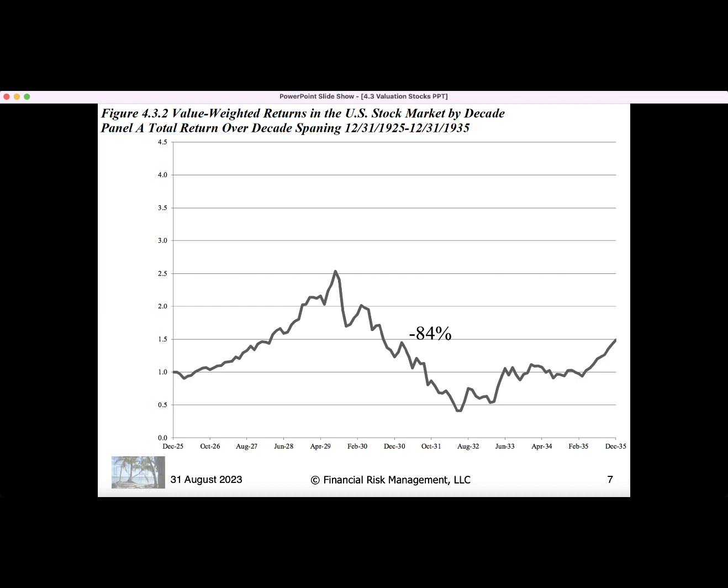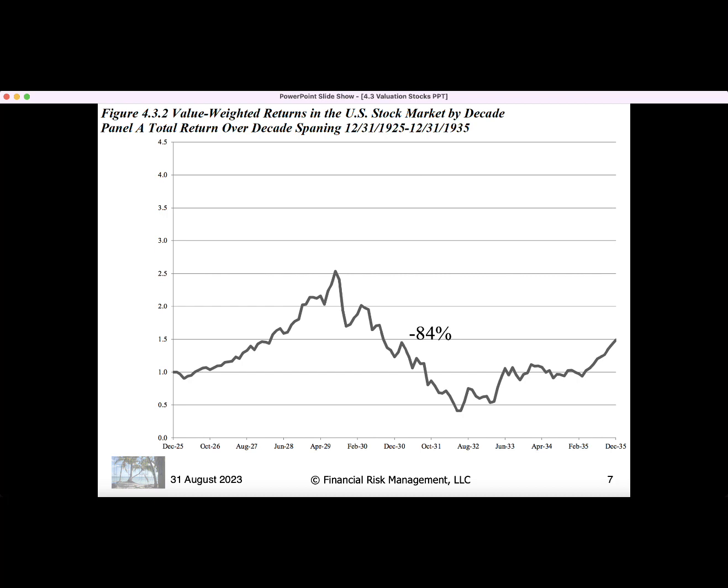That is catastrophic. And we've probably all seen the food lines of people that are hungry. Unemployment's very high. This graph really doesn't do justice to the pain inflicted by the economic environment that resulted in this decline.